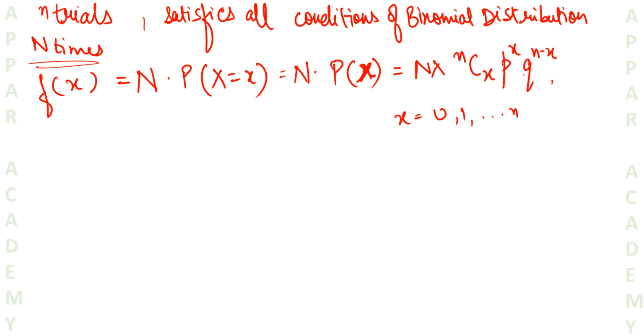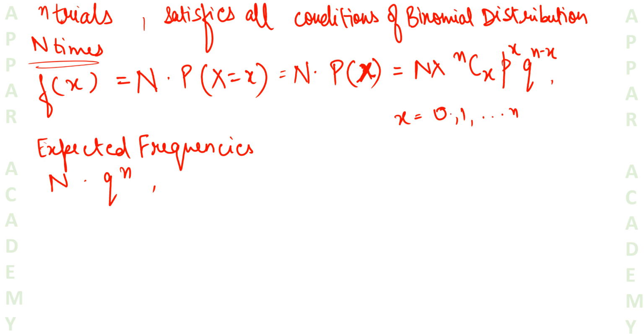Now if I want to get the expected or the theoretical frequencies of the binomial experiment, first of all, substituting the value of x equal to 0, that is N into q to the power n. Now when I put x equal to 1, this becomes N into nC1 p to the power 1 and q to the power n minus 1.